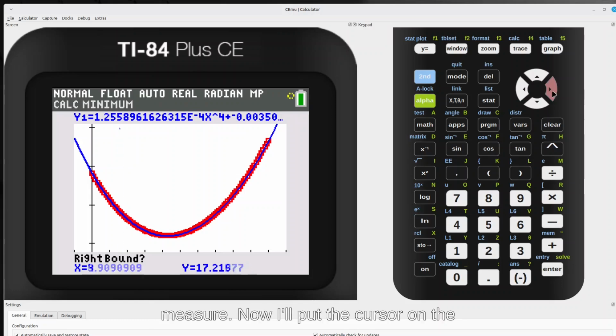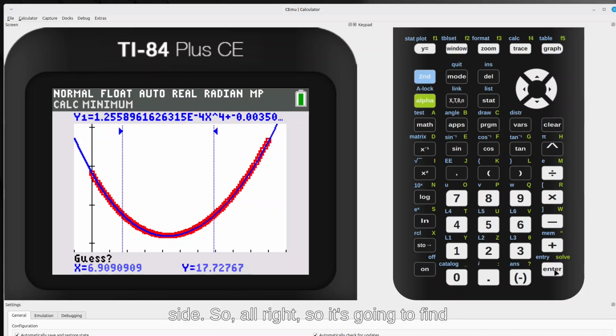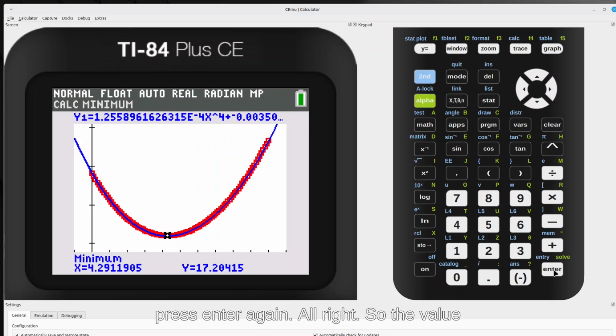Then I put the cursor on the other side of the curve where I want to measure the minimum. It doesn't matter where, just as long as you're on the other side. So it's going to find the minimum between these two lines. I press enter again. All right, so the value of x is 4.2911905, and the value of y, which is the length of the rope, is 17.20415.